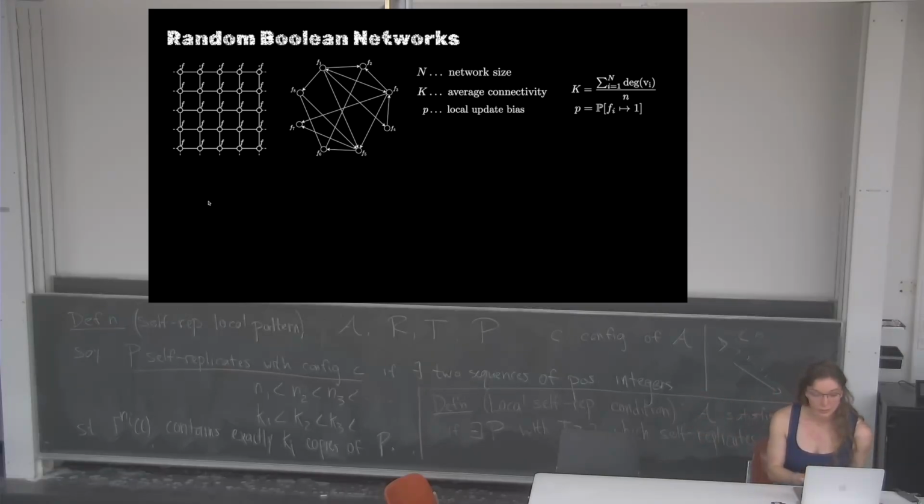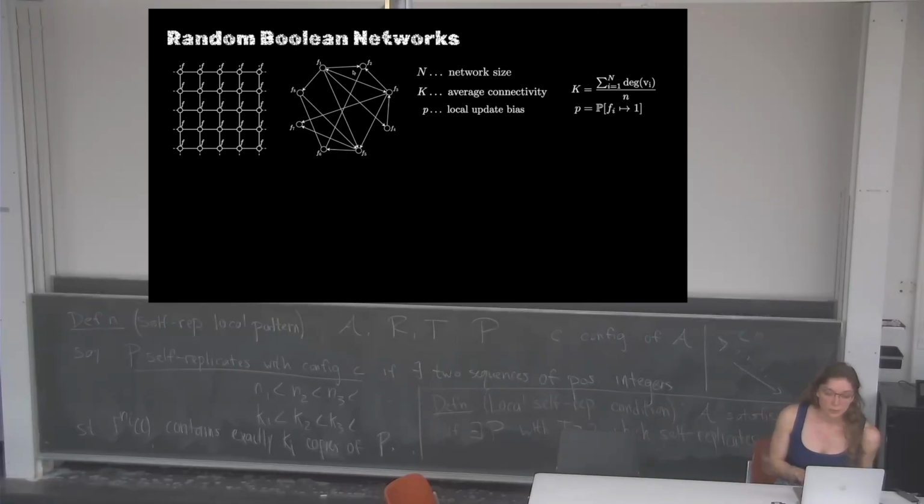What you see here on the left is a picture of a standard 2-dimensional cellular automaton with von Neumann neighborhood, except that now every node represents a cell, and each cell is connected exactly to its neighbors. So this is essentially a connectivity graph given by the neighborhood, and I just highlight that here the local update rule is the same in every cell of the grid.